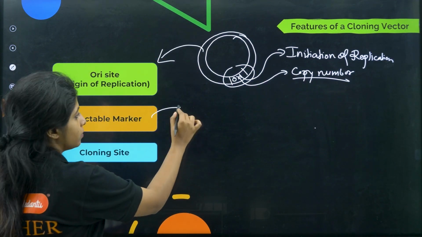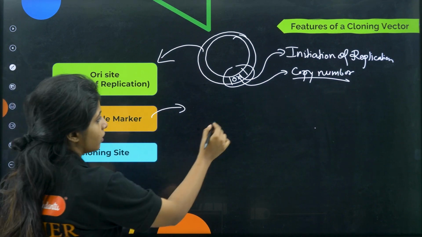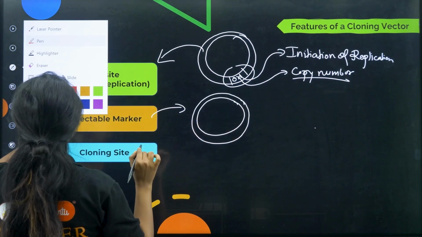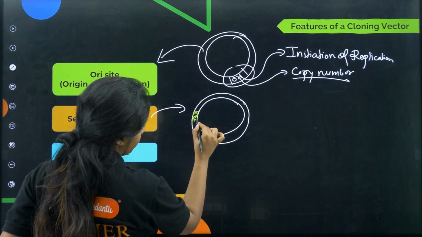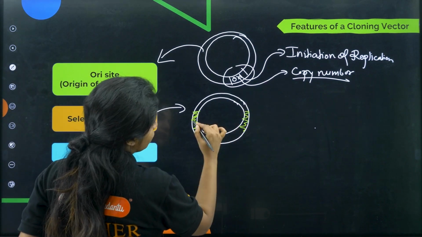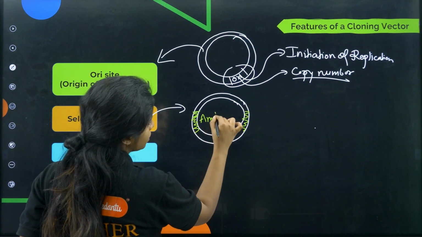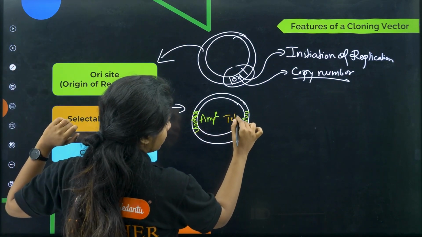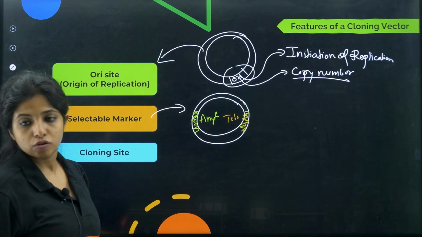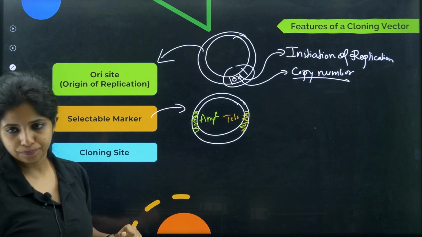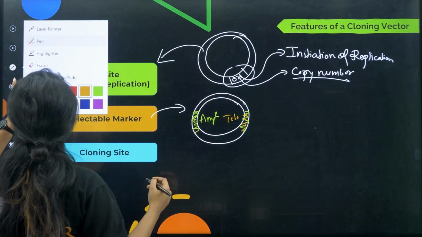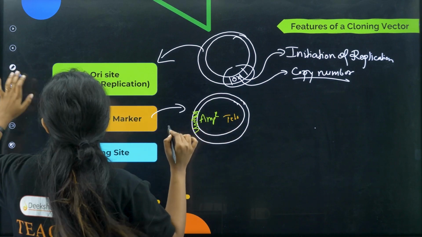Next is the selectable marker. What do you mean by selectable marker? Again, if this is the plasmid, I should have areas like this. This is a gene which codes for ampicillin resistance. This is a gene that codes for tetracycline resistance and so on. Why do I need it? Suppose, instead of the tetracycline resistance gene, I put my gene of interest there.